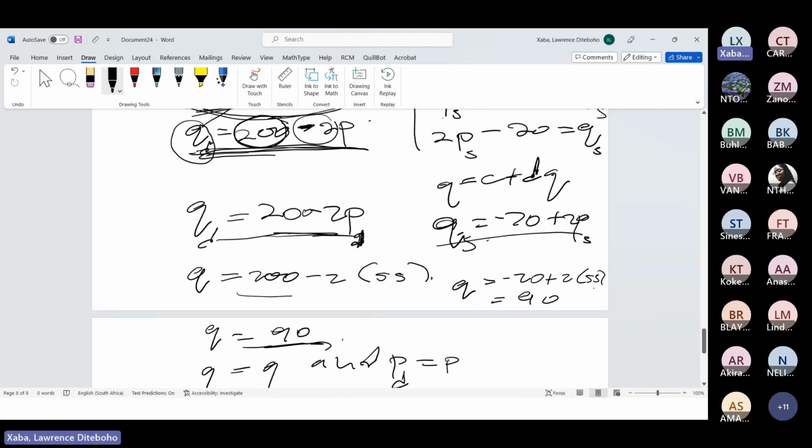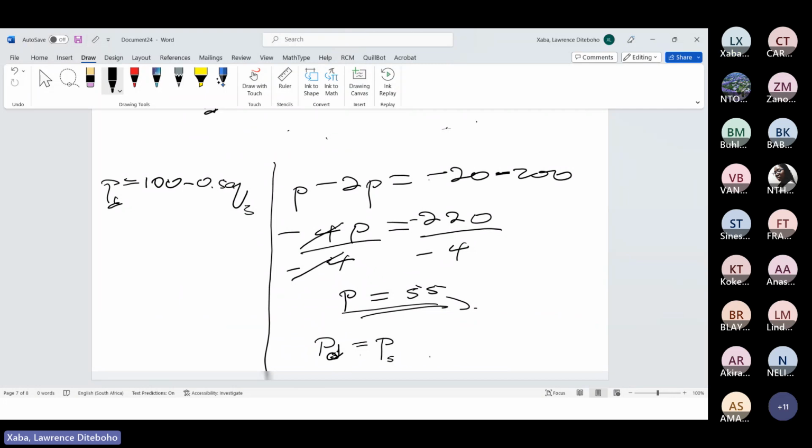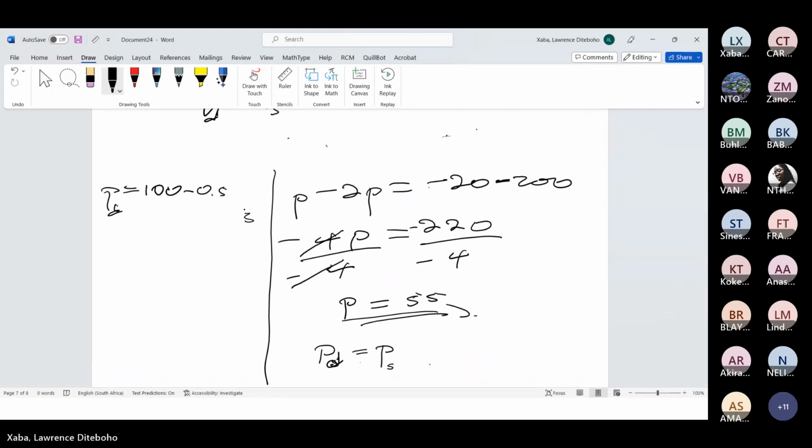So what we're going to do, we look at the two equations. The first one is this one, where we have P here. And the second equation here is, let me rewrite them. Okay, we have QD equals 200 minus 2P.